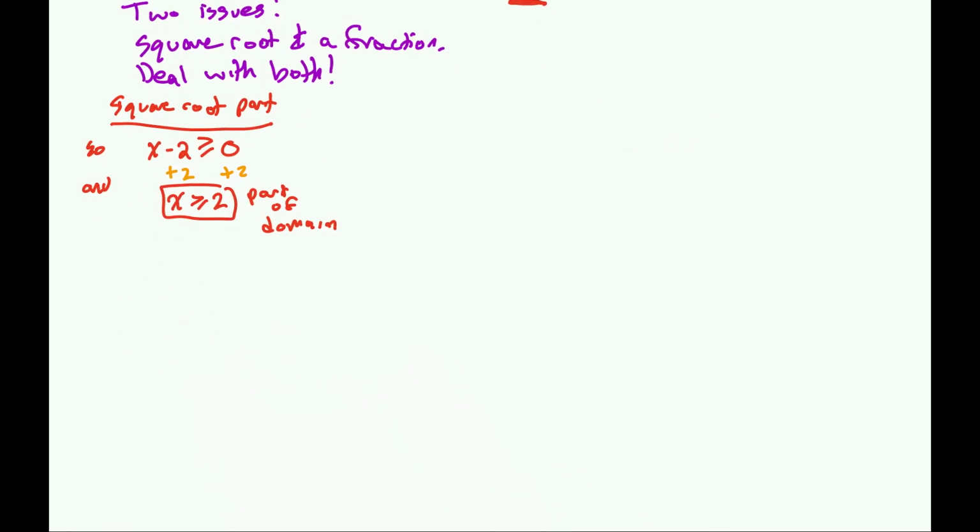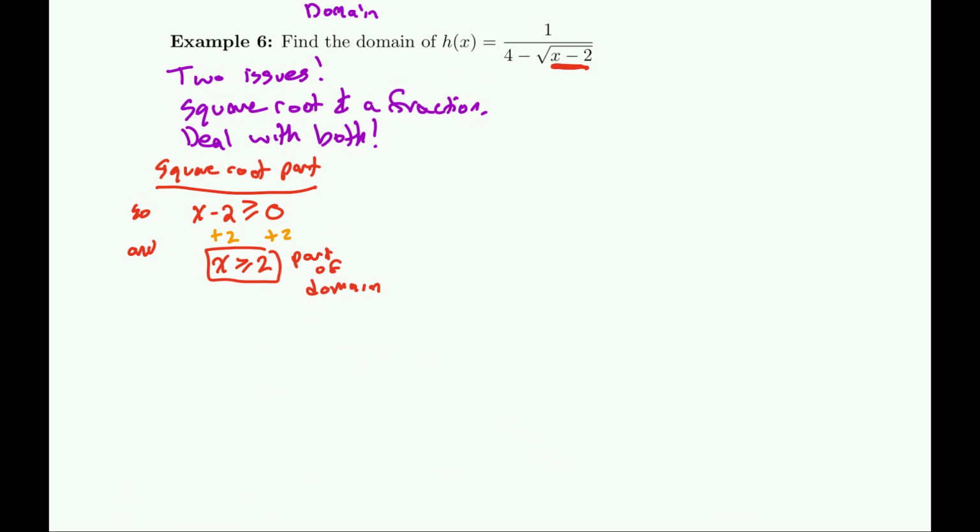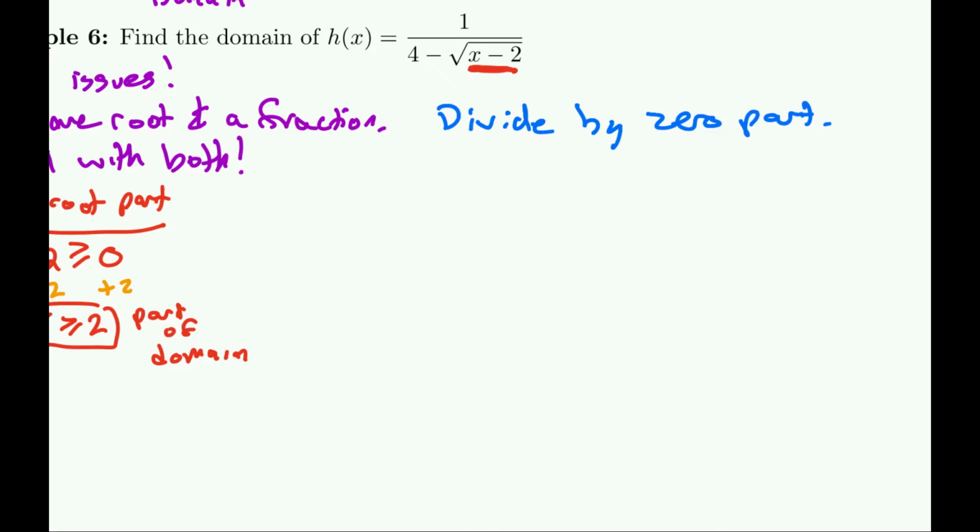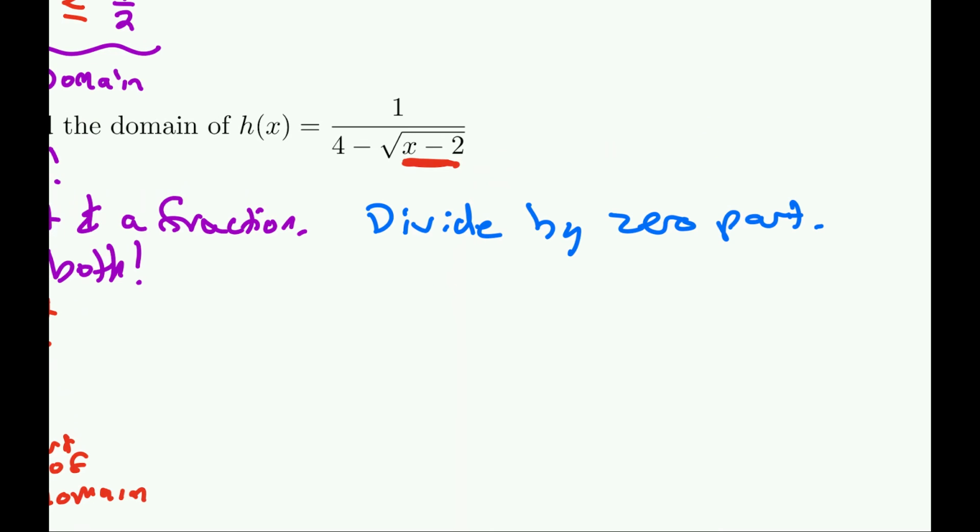Okay, now the other issue we have to deal with is the divide by 0. Right? There could be a divide by 0. So for divide by 0, we know what's not allowed is the denominator to be 0.